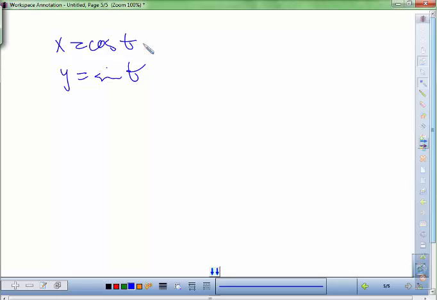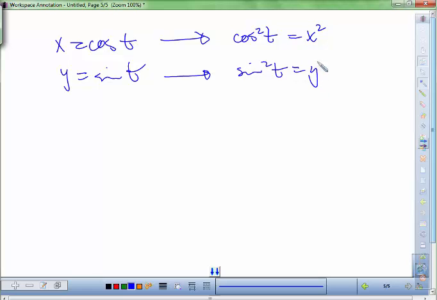What they want you to look ahead to is that trig identity, cosine squared plus sine squared is equal to 1. So if you can get to that idea, well, what if I square this, I square this second one, and I add them? I should get this thing to equal 1.